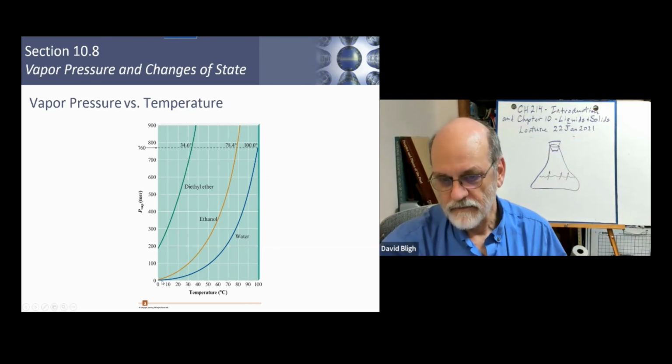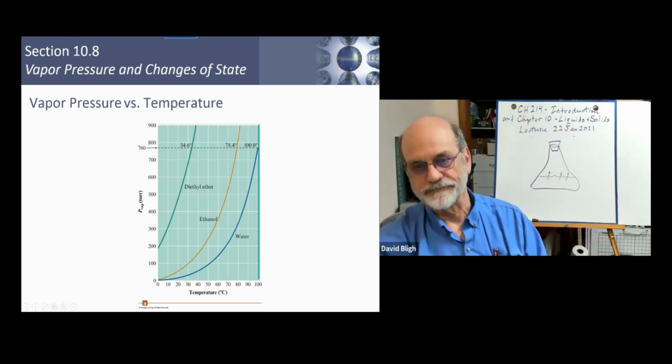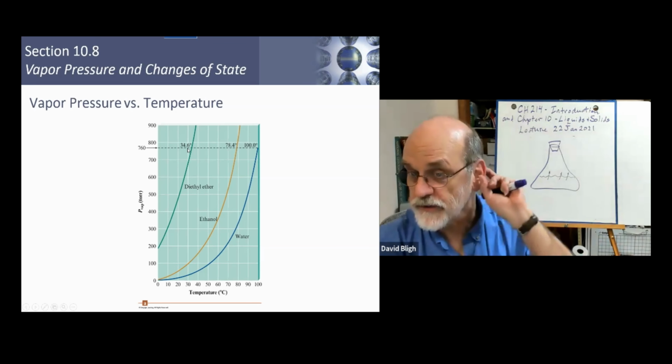So water, vapor pressure goes up like this in a steady curve until it reaches 100, and then it boils. And at that point, the temperature doesn't change anymore until all the water is gone. Ethanol goes up faster until its boiling point is reached at 78.4. Diethyl ether goes up even faster until it boils at 34.6.